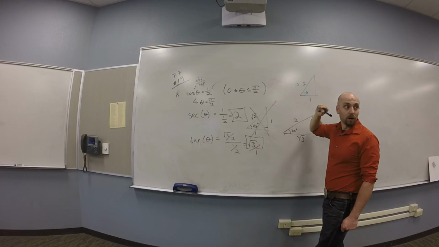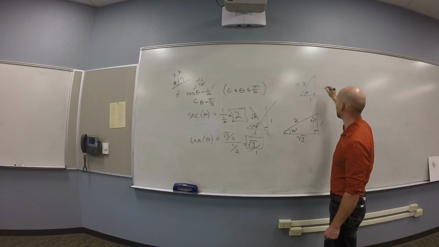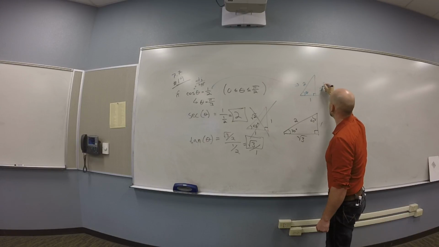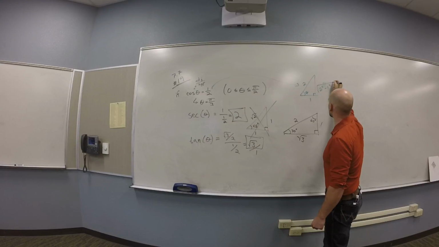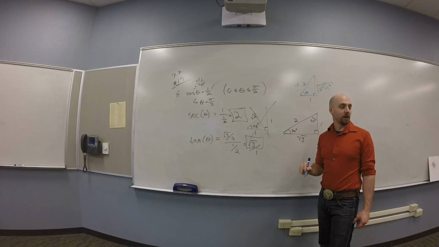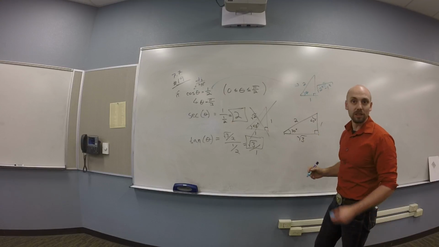Then I need the opposite side: 2 squared minus 1 squared, square root of the whole thing, which is square root of 4 minus 1, by the Pythagorean theorem.